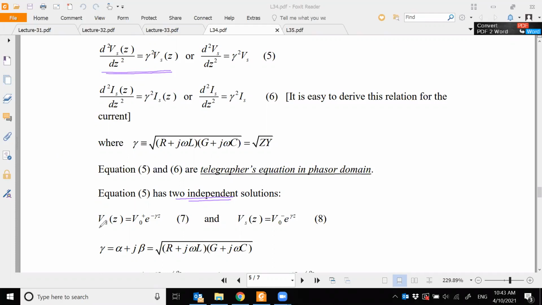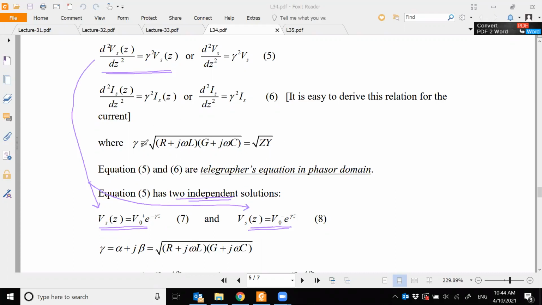My Vs of z will be V naught plus, a constant, times e power minus gamma z, and V naught minus, again a constant, times e power plus gamma z. Both are solutions of this differential equation.